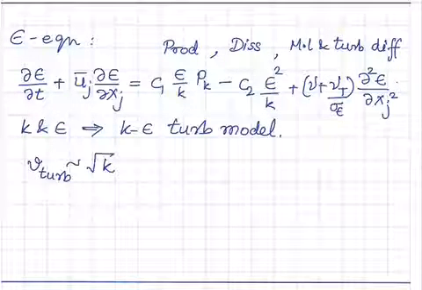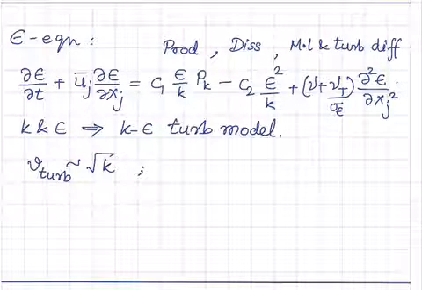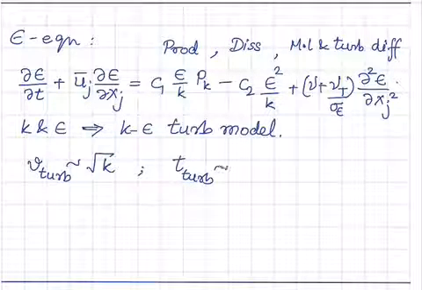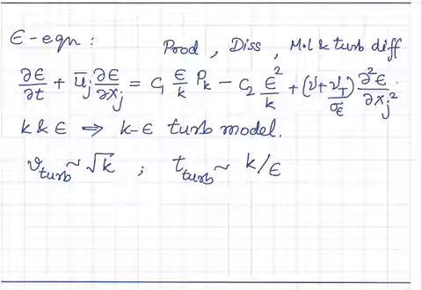and the turbulent time scale T of turbulent is obtained as k over epsilon.